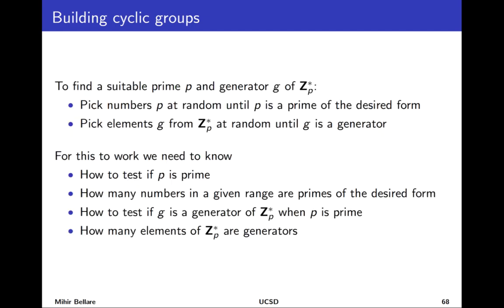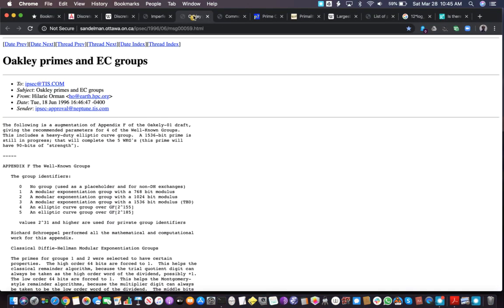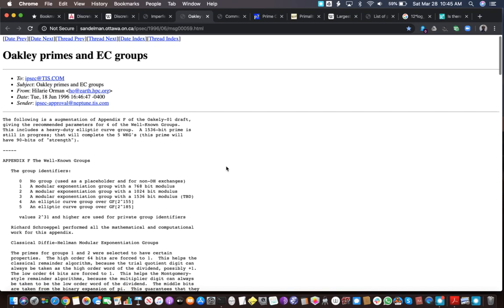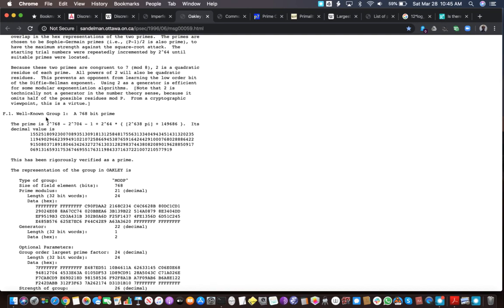So how is this done? We could perhaps first see what goes on in practice. If you look at how people are doing this, you'll see that there are various standards out there which just give you groups. So for example, these are the Oakley primes and elliptic curve groups. So it will simply tell you, here's a prime, and this is the prime, and this is its decimal value, and it's a prime which is about 768 bits long and even been rigorously verified.